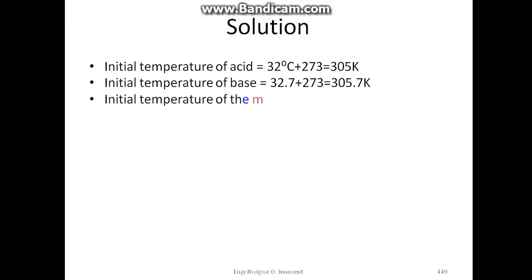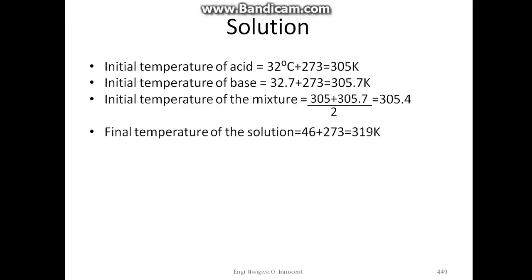Initial temperature of the mixture is equal to 305 plus 305.7 divided by 2 to give us 305.4. Final temperature of the solution is equal to 46 plus 273 to give 319 Kelvin. Rise in temperature is equal to 319 minus 305.4 to give 13.6 Kelvin.